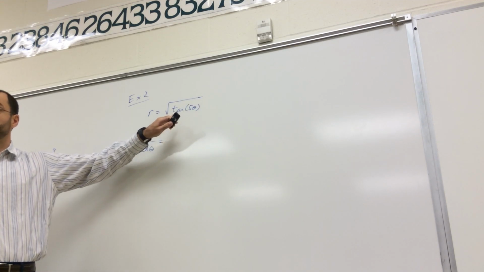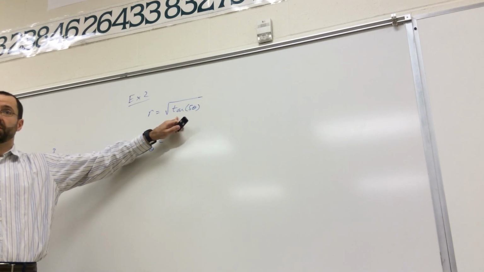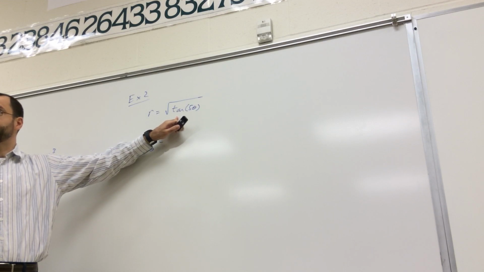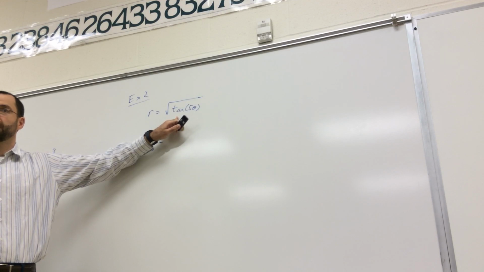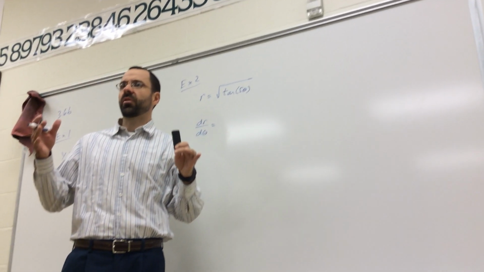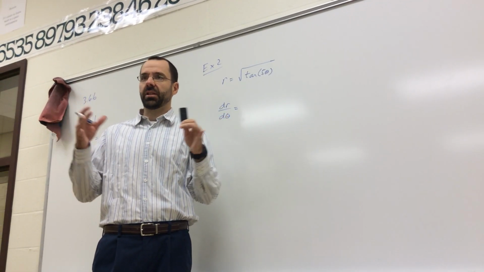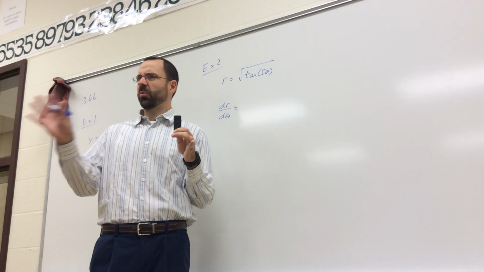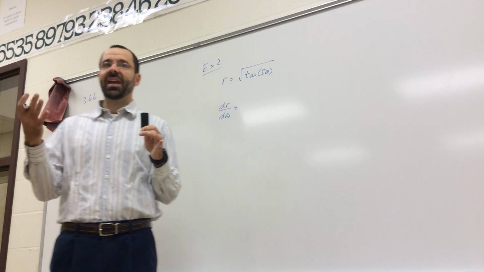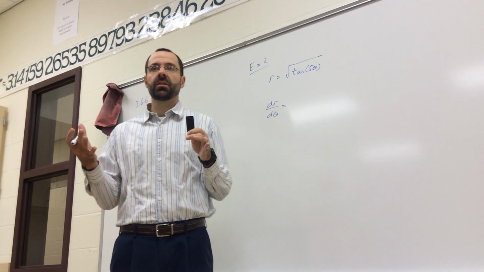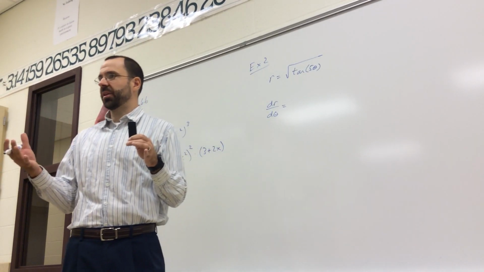Okay, so this is a new type of problem that has 3 functions in it. The 5 theta is the very inside, and the square root is the very outside. Okay, so just like yesterday, you work from what's happening last in. So remember when we tried to decide between product rule and chain rule, when the multiplication was happening last, that was dominant.